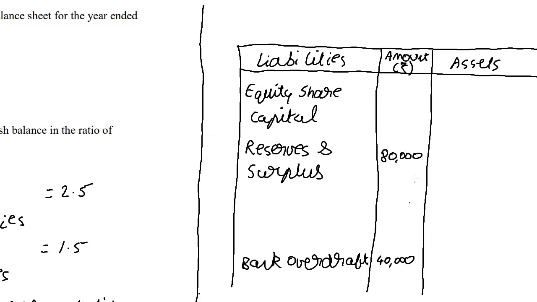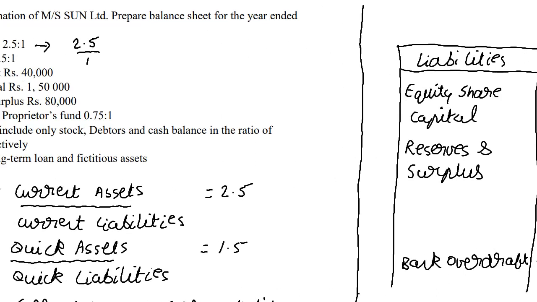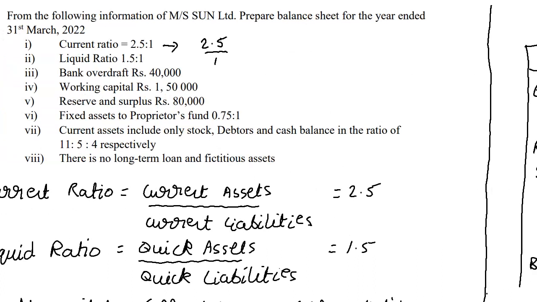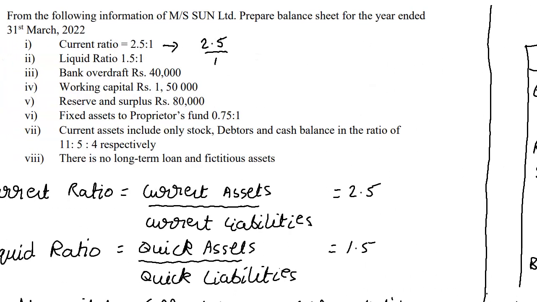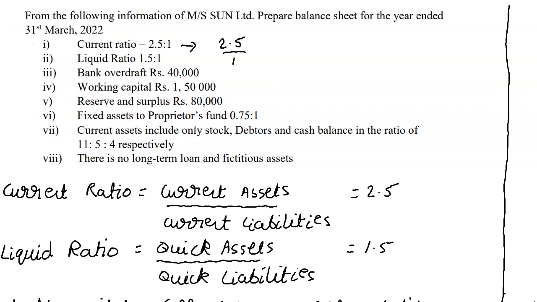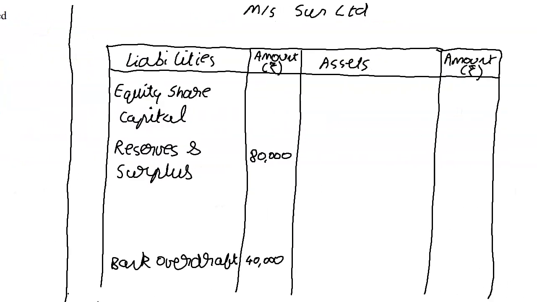And yes, you should be perfect in what you do. So the name of the company is Messrs SUN Ltd, so I'm also going to do that. Messrs SUN Ltd. And we have a balance sheet. They've asked us to make the balance sheet for the year ended 31st March 2022.